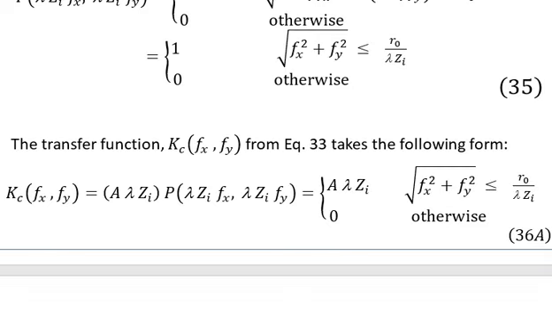Since this capital Kc is defined at the Fourier plane, it is given as a function of fx comma fy. It means that we are talking about the Fourier plane, and we are limiting the size of the Fourier plane by saying that the square root of fx square plus fy square is less than or equal to r0 over lambda zi. So in the Fourier plane our transfer function will exist in this region, that is, less than or equal to r0 over lambda zi.